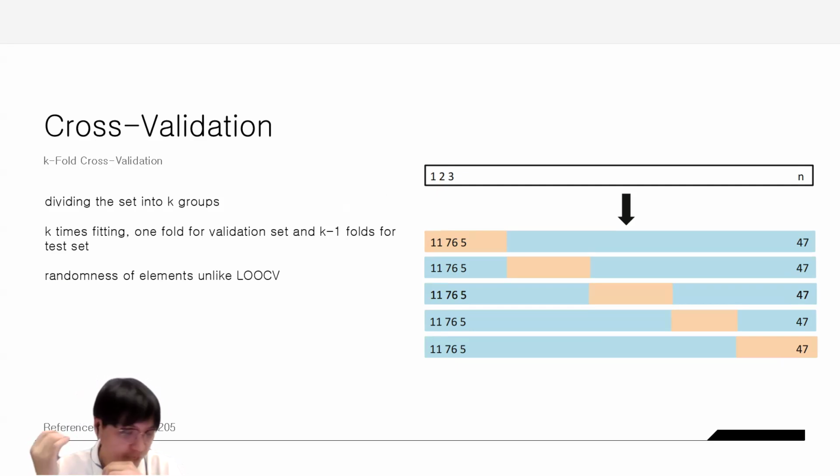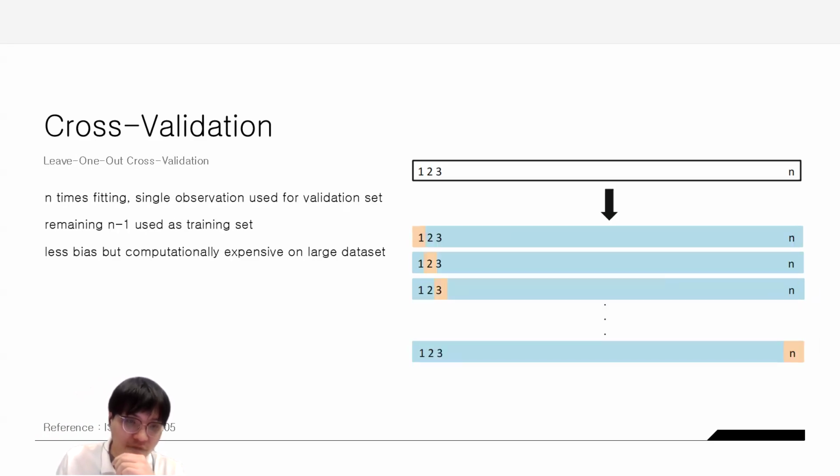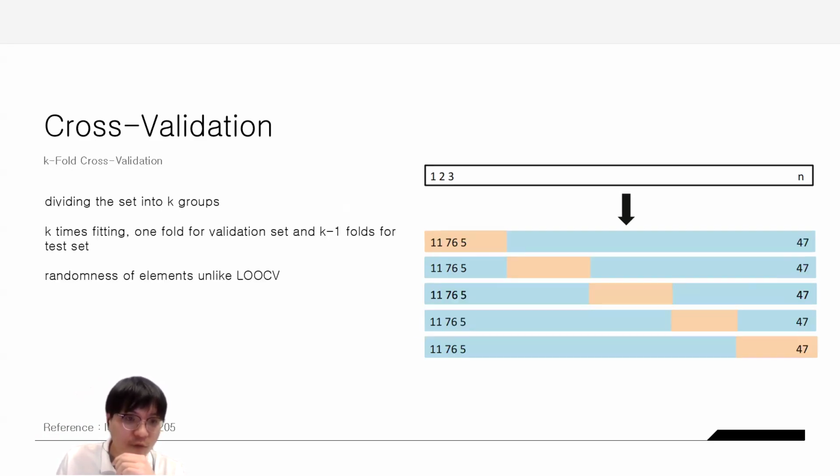It doesn't show that big a difference from leave-one-out cross-validation, but unlike using only one single observation as the validation set, K-fold cross-validation uses a subset as the validation set. Each subset comes from dividing the original data set into K groups. K is from here.